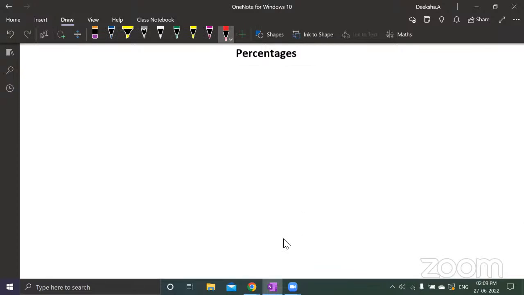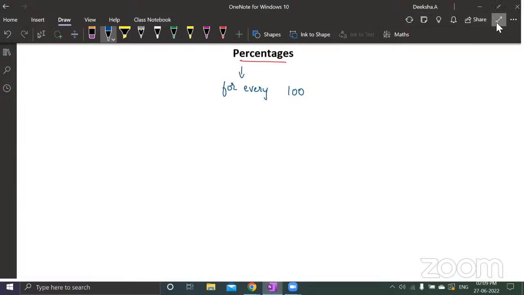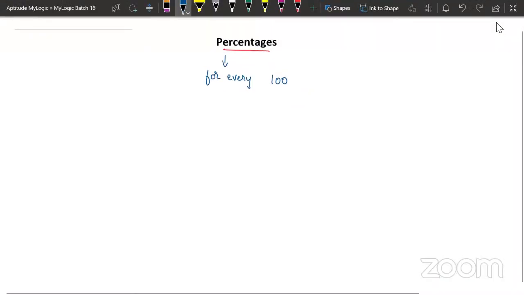So what is percentage? As you are all aware, percentage is for 100, right? Per is for every, cent means 100. For every 100, we will be calculating what is the value. That is percentage. That is how you calculate your percentages for your classes, right? Whatever grades you are getting, what marks you have scored, upon whatever is the total, you will calculate percentage according to that.